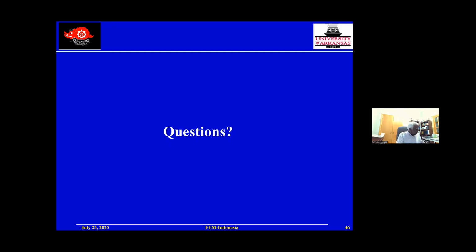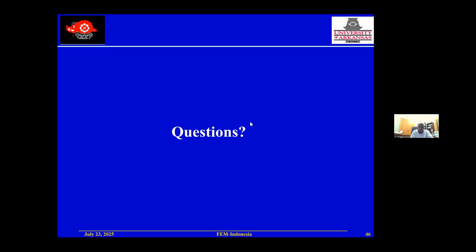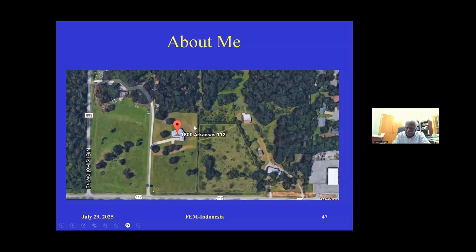Okay. Then what I will do is load ParaView and see whether I can show them. I'm trying to get out of the full screen mode. It didn't do it. No, it's not doing it.